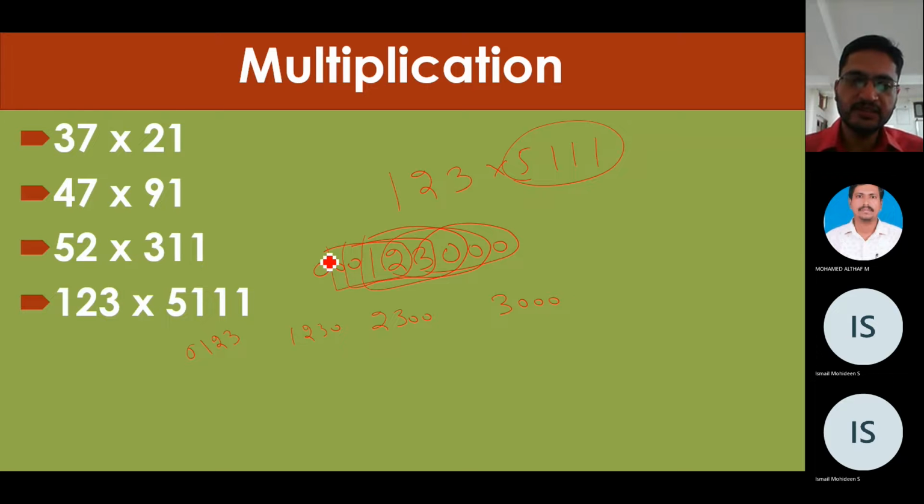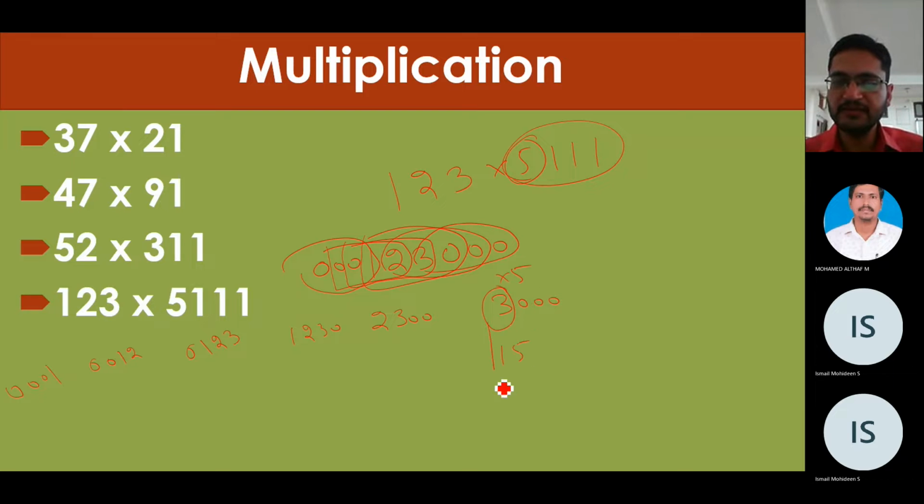Next 0012. And last pair is 0001. Now, because we are multiplying with 5111, means this number is starting with 1. So we will multiply this number with 5 and add the other numbers.